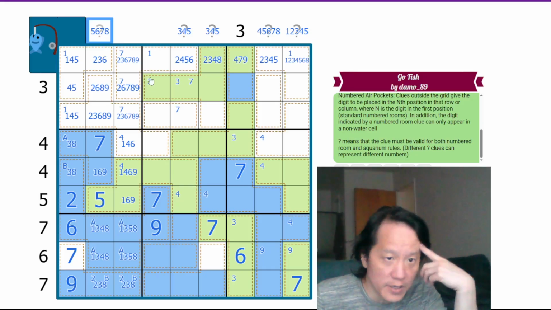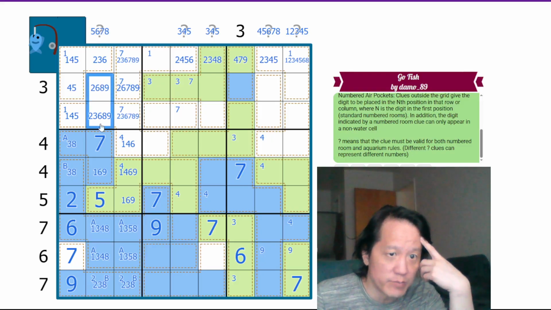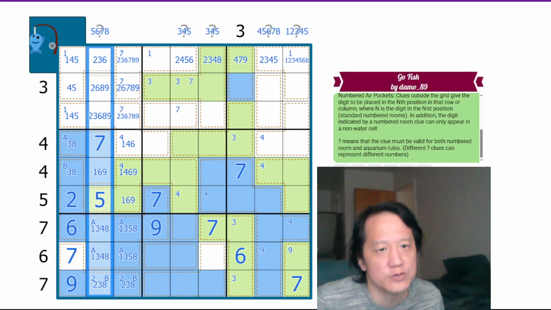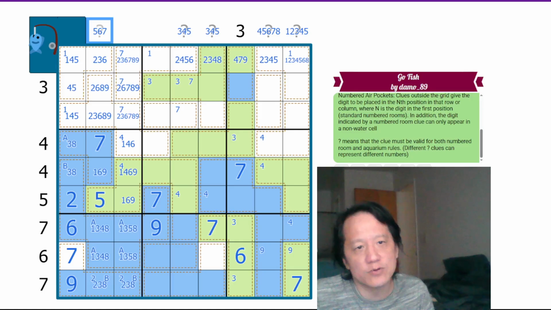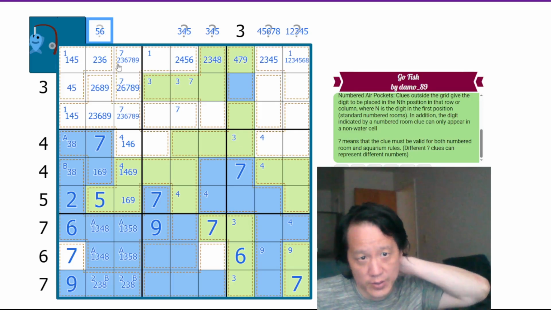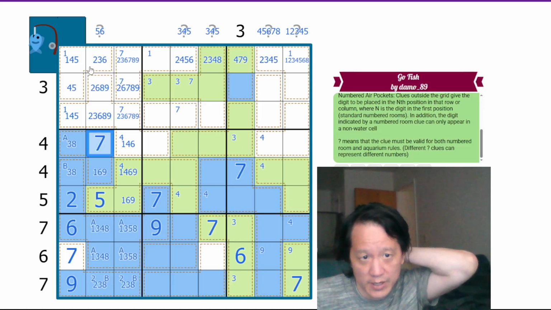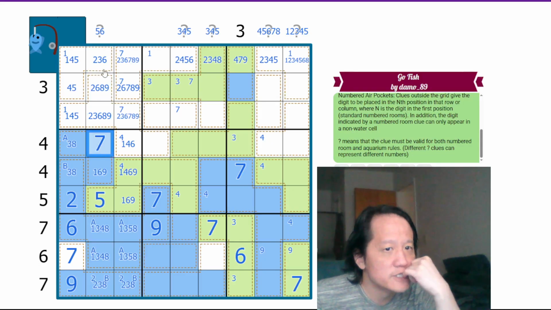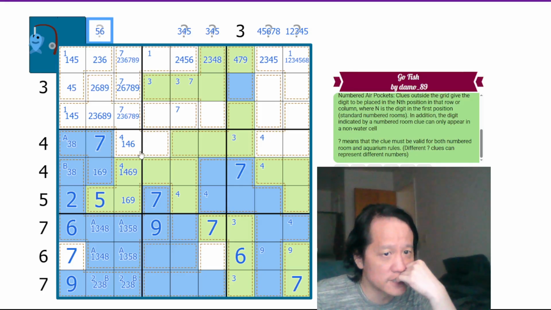This can't be 8. If this were 8, 8 would have to be in a bubble, but then there would be 8 waters in this column, which is not possible. And 7 doesn't work because 7 would also have to be in an air bubble, but it's in water. So this is 5 or 6.